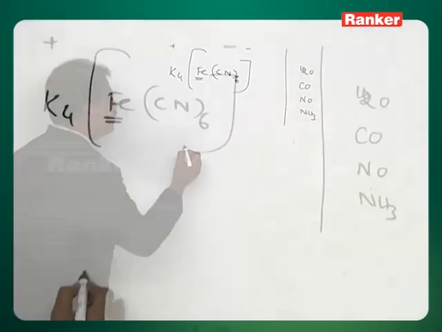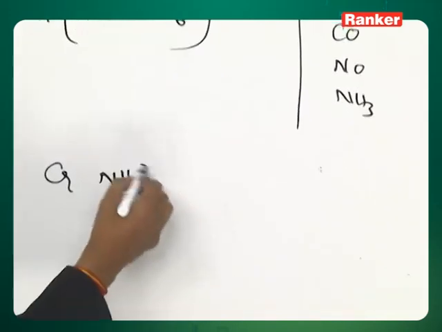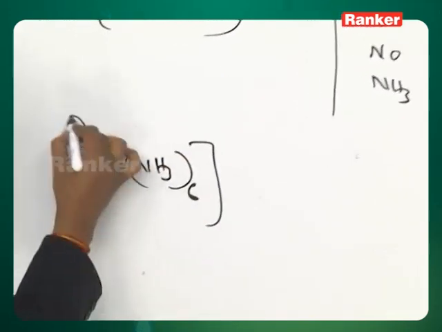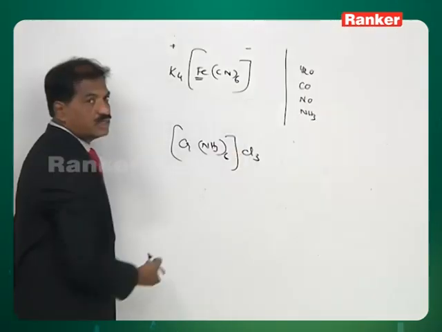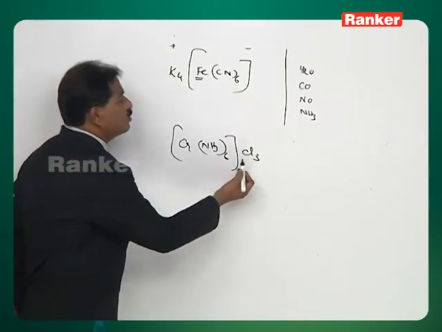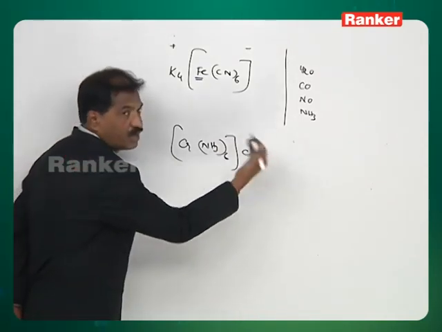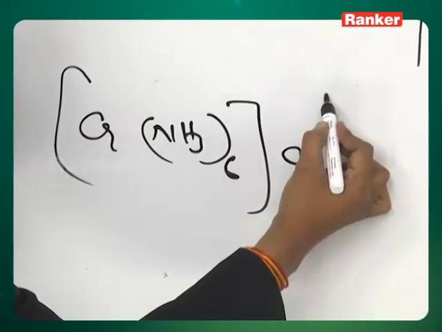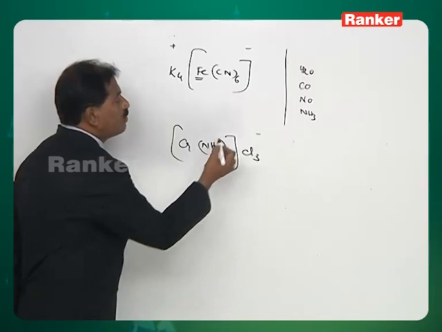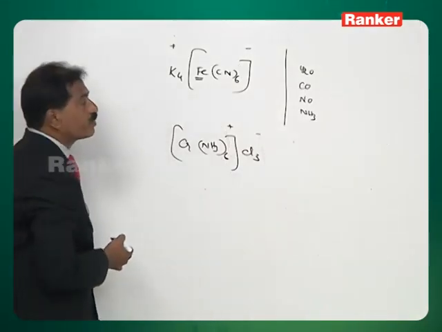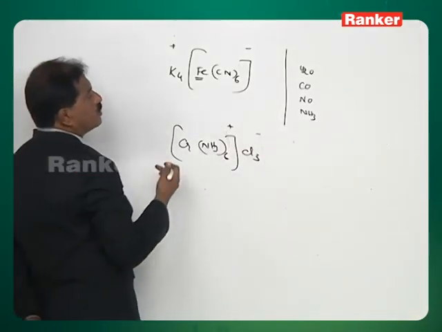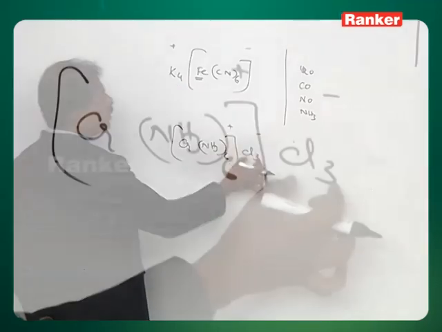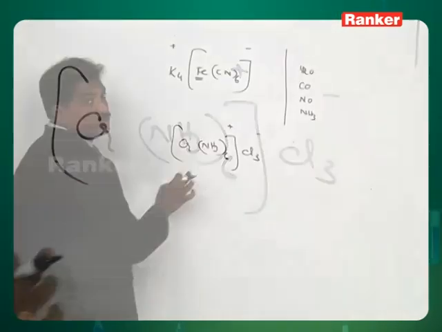Whereas in certain complexes like this, Cr(NH3)6, the simple ion is shown after the complex. If any simple ion is shown after the complex, it gets the negative charge, and now the complex will get the positive charge. So based on the relative position of the simple ions, you identify the charge of those simple ions.